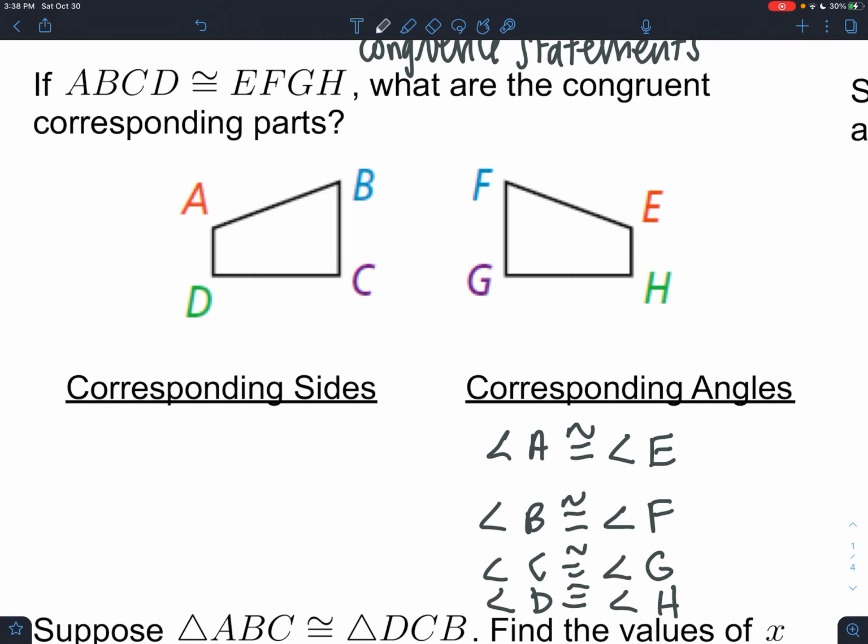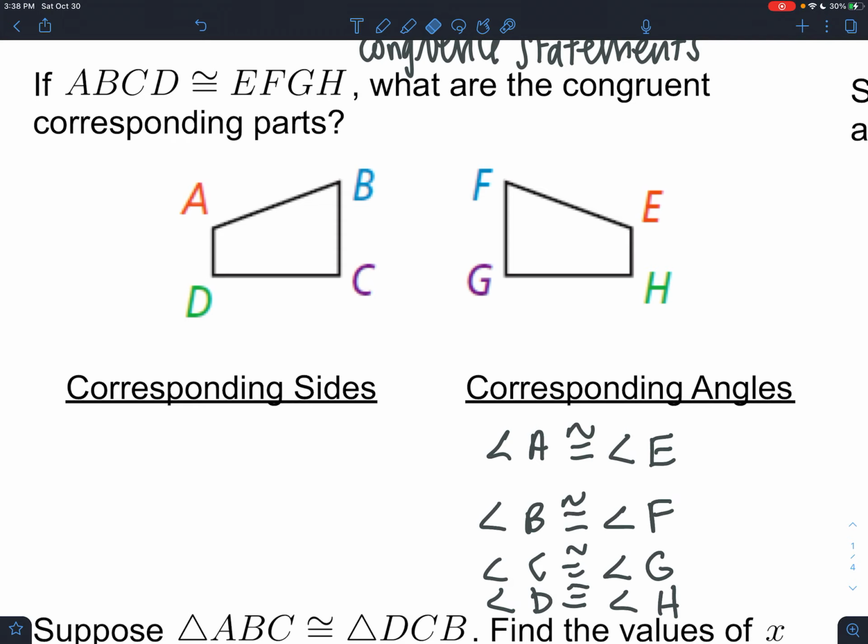So we just wrote down all the congruent angles. What I want you to focus on is that A goes with E, and the second one, B, goes with F, and so on. The order tells you which angles go together. Really useful to have that.